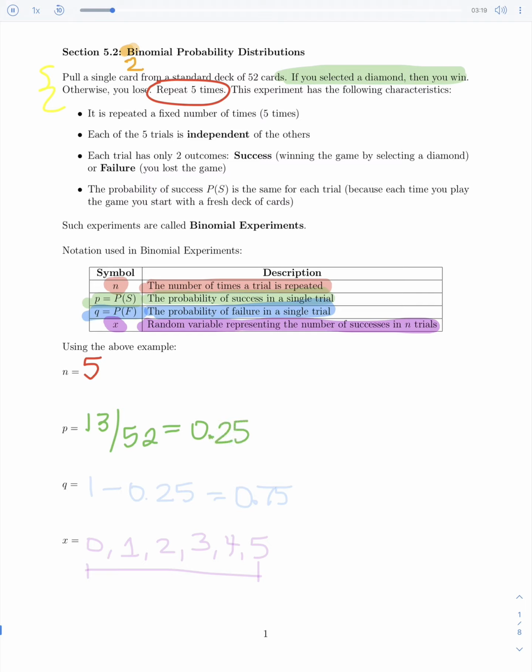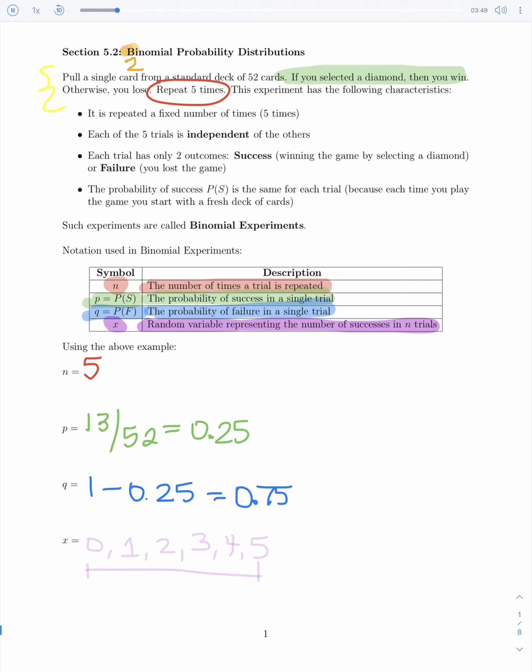So that means you've got a 25% chance of winning. Well, Q is what are your chances of losing? If we've got a 0.25 or 25% chance of winning, our chance of losing is everything else, 1 minus 0.25, which gives us a 0.75 chance of losing, or 75% chance of losing.